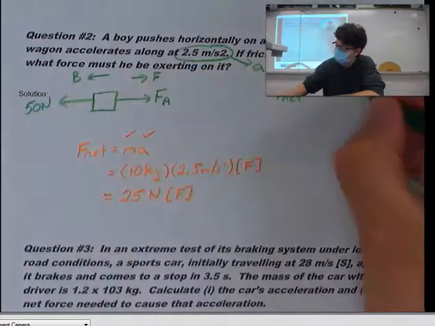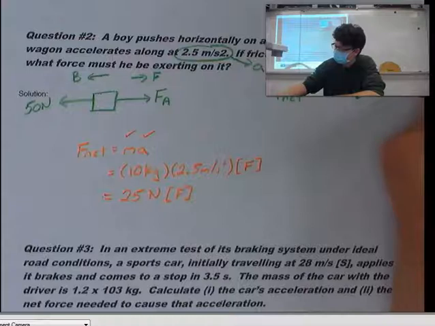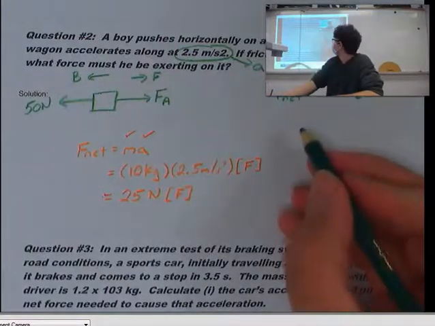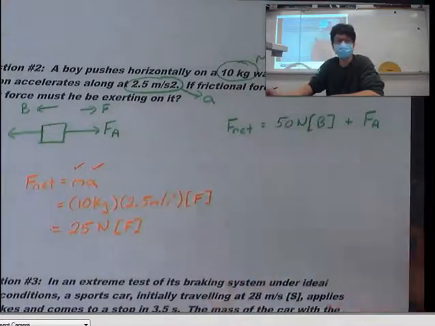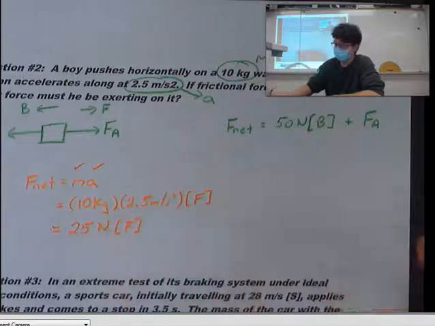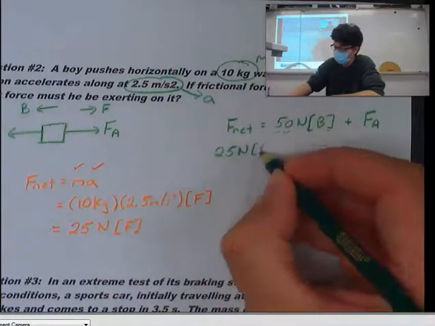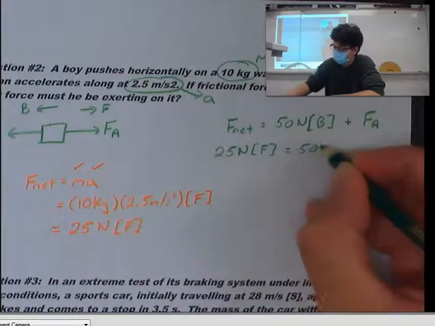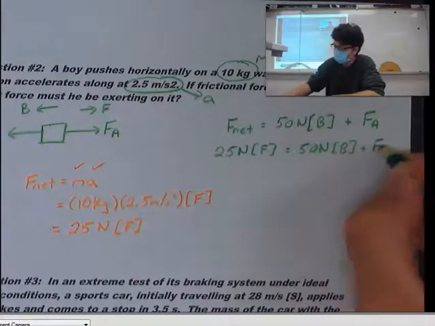So 50 newtons backwards, plus some applied force, which we don't know. Sorry, you can't see that. All right. Now the net force I do know. I just calculated that. It's 25 newtons forward. And that's going to equal 50 newtons backwards plus Fa.